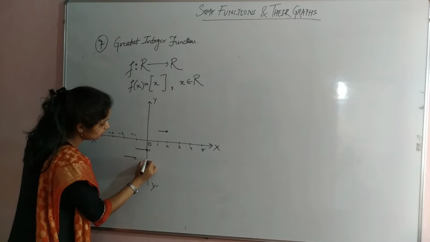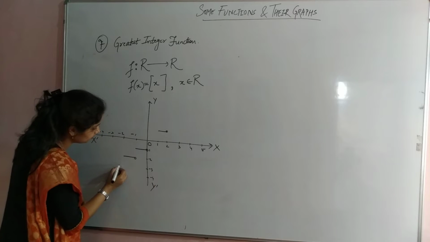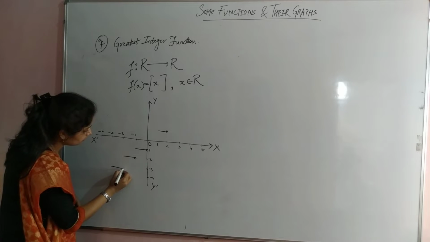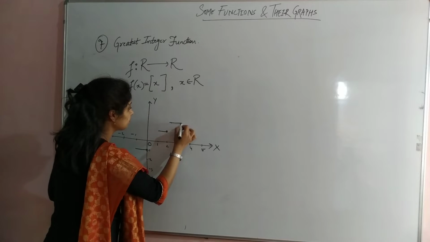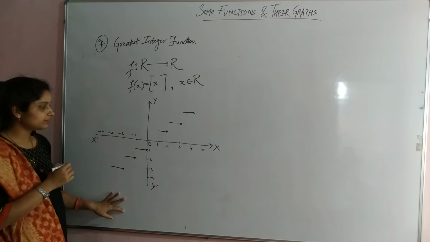This is -1, -2, -3, -4. So this represents the greatest integer function.